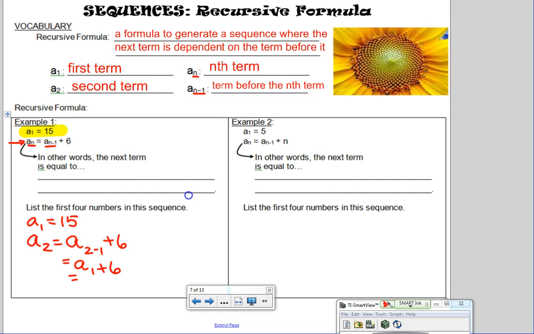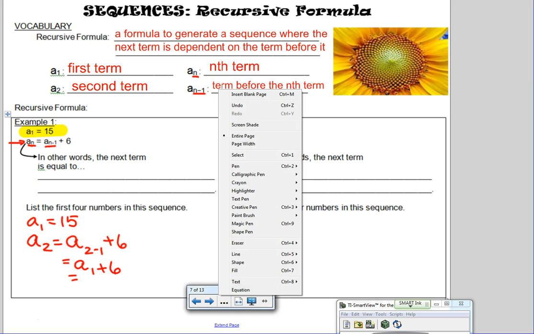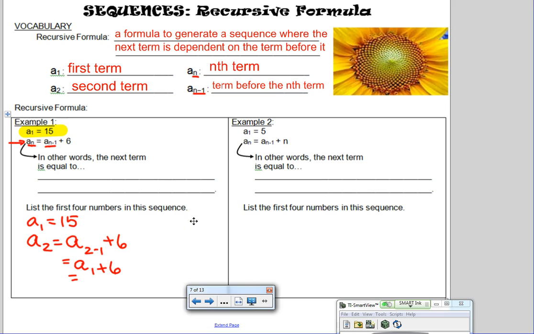And A sub 1 right here is our 15. So 15 plus 6 which is 21. All right, so now we know it's 15 and we know it's 21.